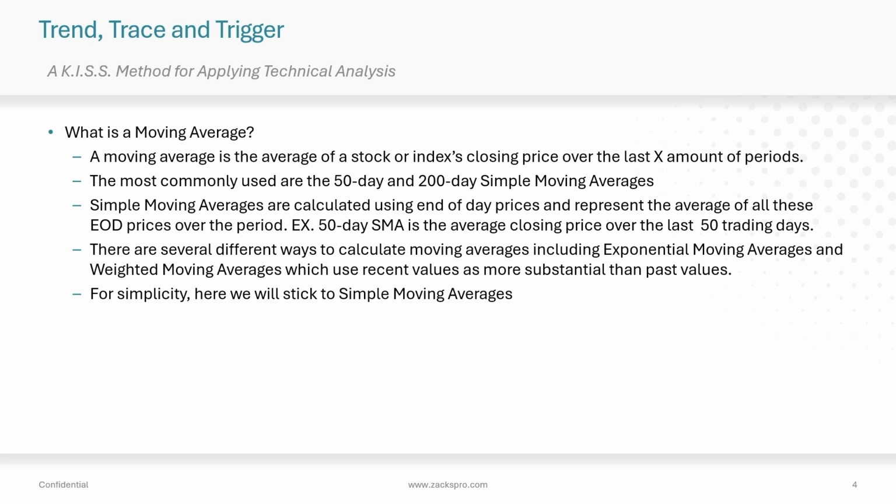You can also displace moving averages. You can have a 25-day moving average and scoot it over by 3 days. There's all types of little hints and tips and tricks that you can do. Again, we're keeping it simple here. So I'm just going to look at simple moving averages here. So anytime I say moving average in this, I'm referring to a simple moving average, and it's going to be on daily closing prices.